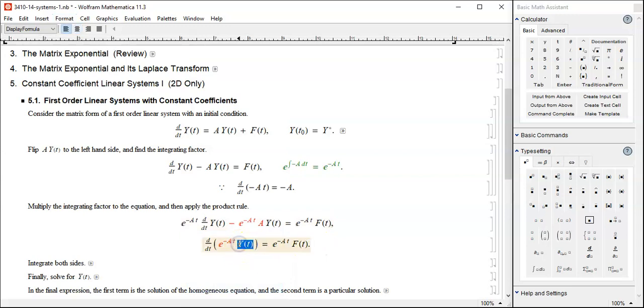And then the derivative of this blue part, y, is this one. So this one is a product rule structure. And indeed, you can combine those into a single derivative using the product rule. No problem there.